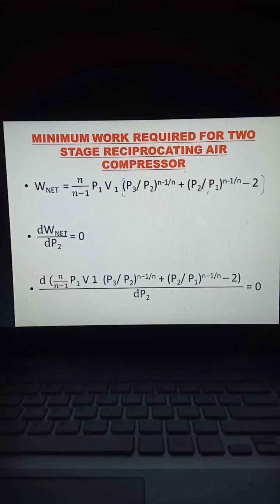So here we are going to substitute the value of W from here and substitute it in the second equation.